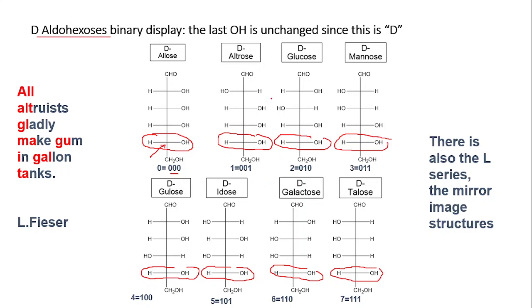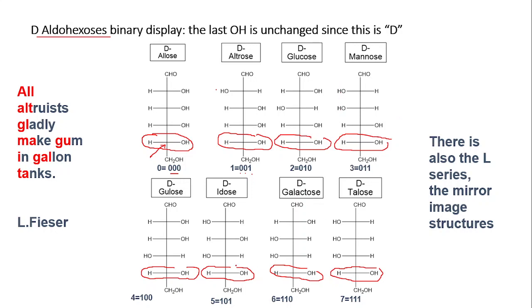For altrose, it is 0 0 1, meaning the first carbon is reversed and the other 2 are 0 0. For glucose, the second carbon is reversed, 0 1 0. For D-mannose, the first 2 are reversed, so it is 0 1 1.